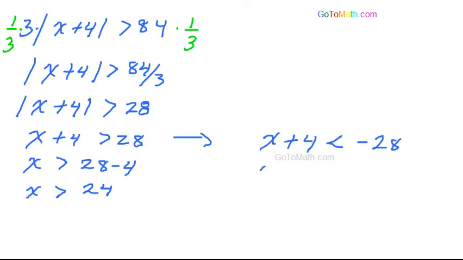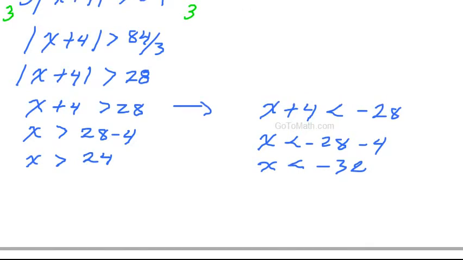Alright, so we'll subtract 4 from both sides, so we have x is less than negative 32. Right? Okay, so remember this is pointing to the right, and that should trigger the word or.